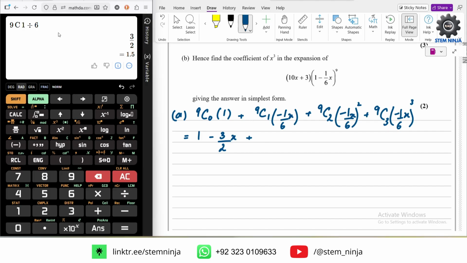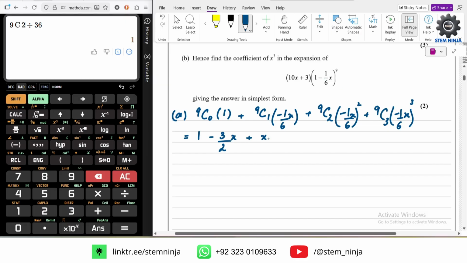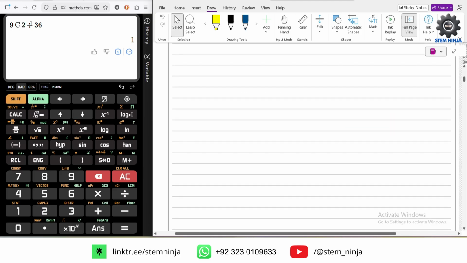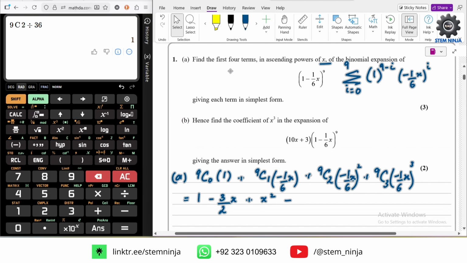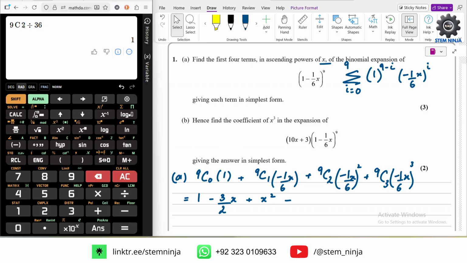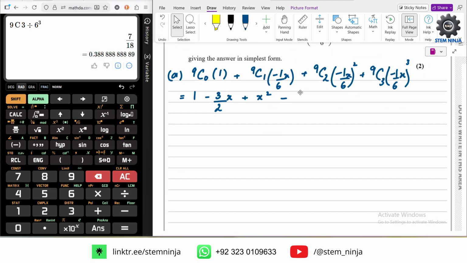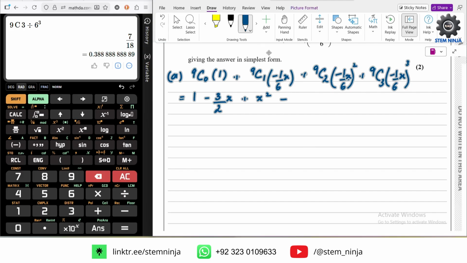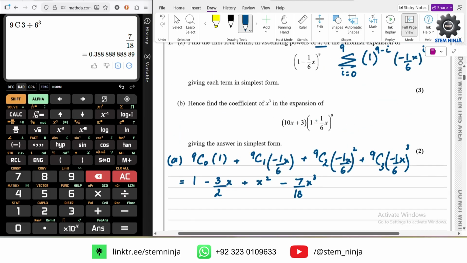Then you have 9c2 divided by 36, this is just 1, x squared, and then this next one would be negative 9c3 divided by 6 cubed is 7 over 18, x cubed. Right. These are the first four terms.